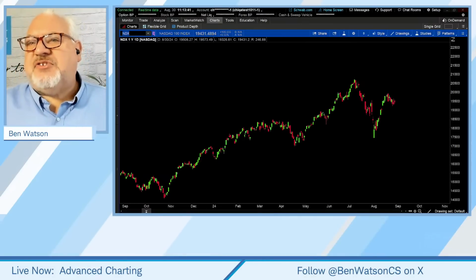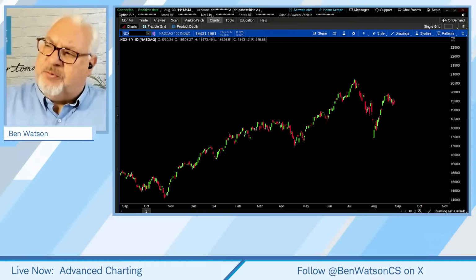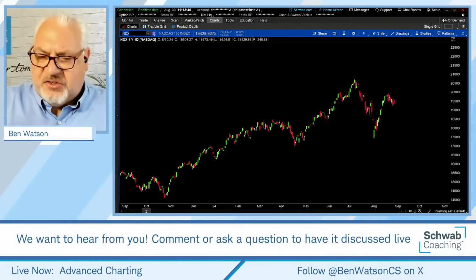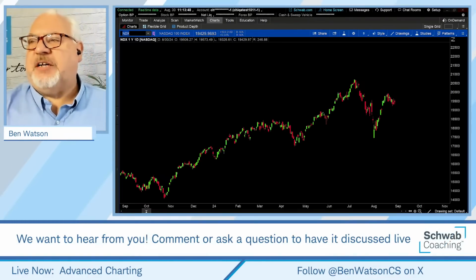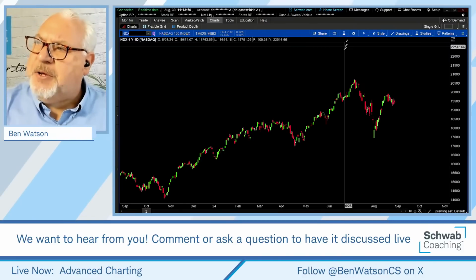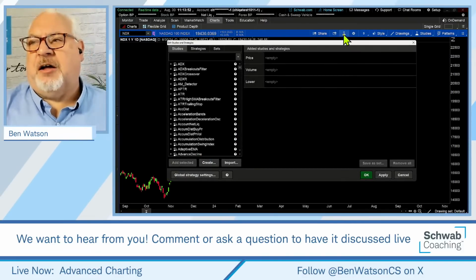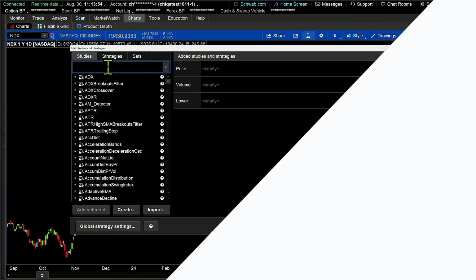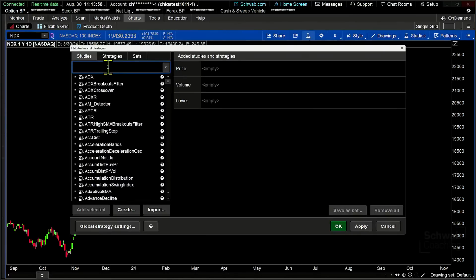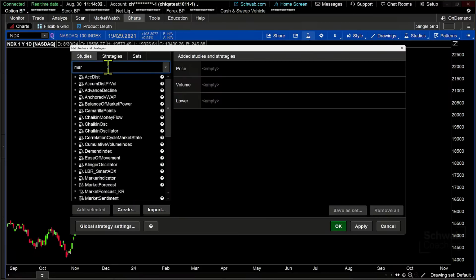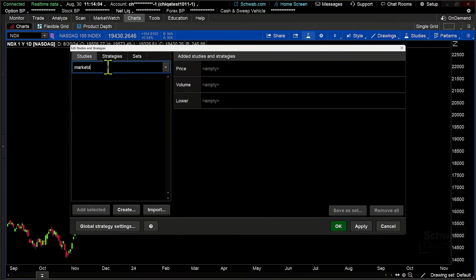Okay, so we're trying to figure out if we're okay, if what we're seeing is really what we're seeing, so confirmation. So what I'm going to do is come up here to our flask icon at the top, and I'm going to pick out of our roughly 450 technical indicators. I'm going to type in the words market forecast.